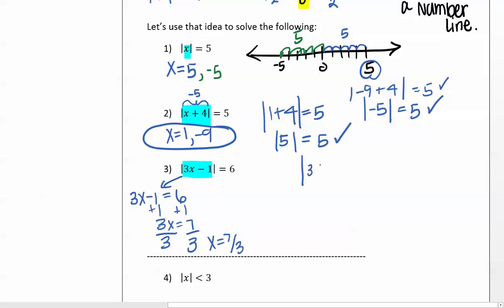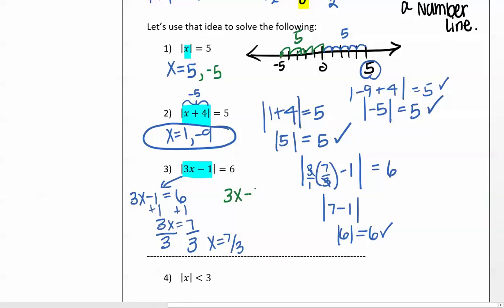The absolute value of 3 times 7/3 minus 1 should equal 6. So let's see if it does. Here, the 3's cancel, and I just get 7 minus 1. 7 minus 1 is 6, so the absolute value of 6 is 6. So it works.